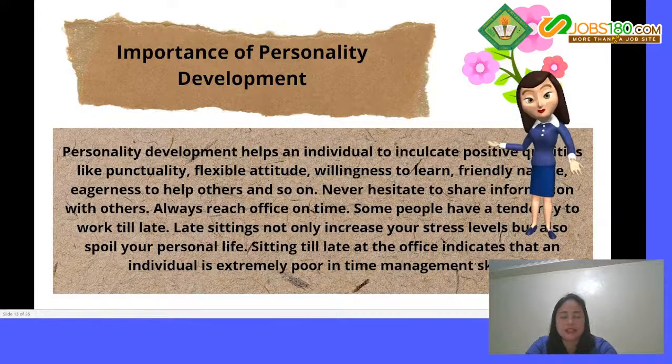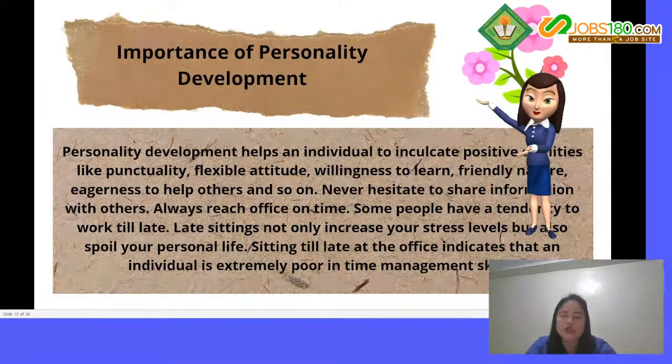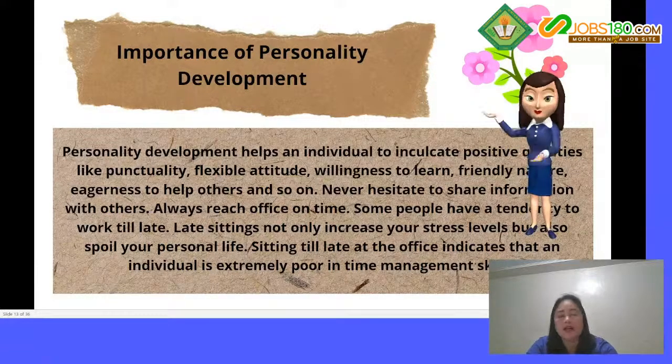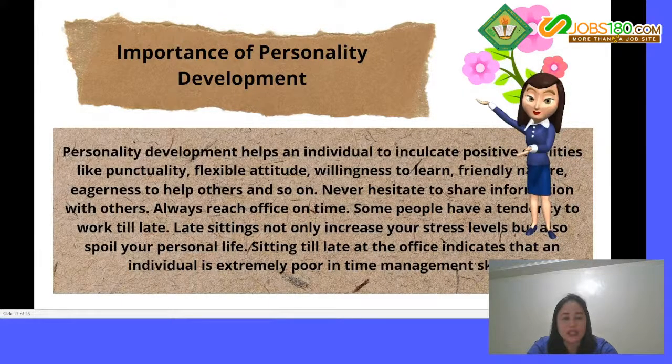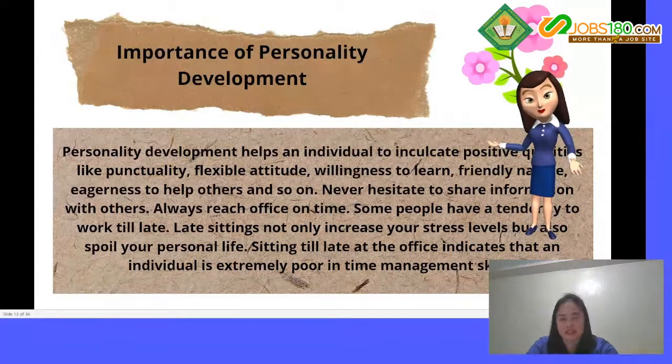Minsan may mga instances na kaya nandun siya kasi hindi niya na budget yung time niya. Yun. Extremely poor in time management skills.